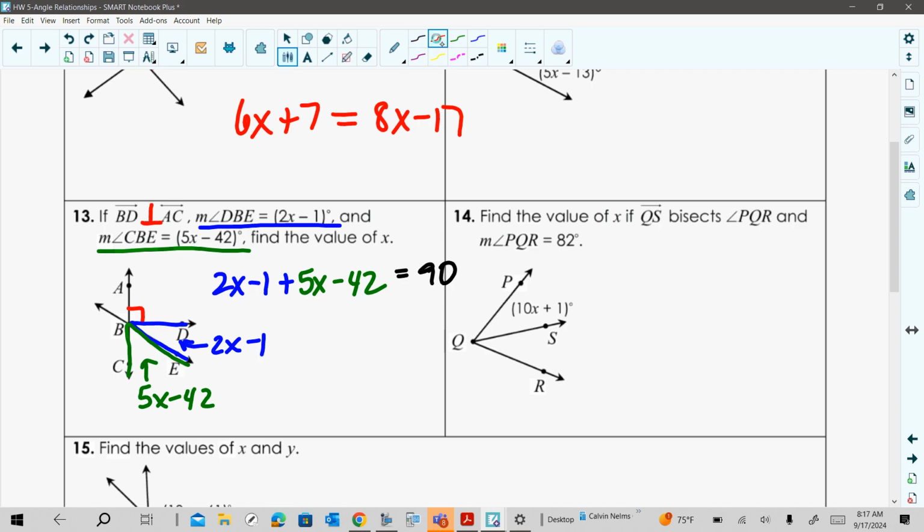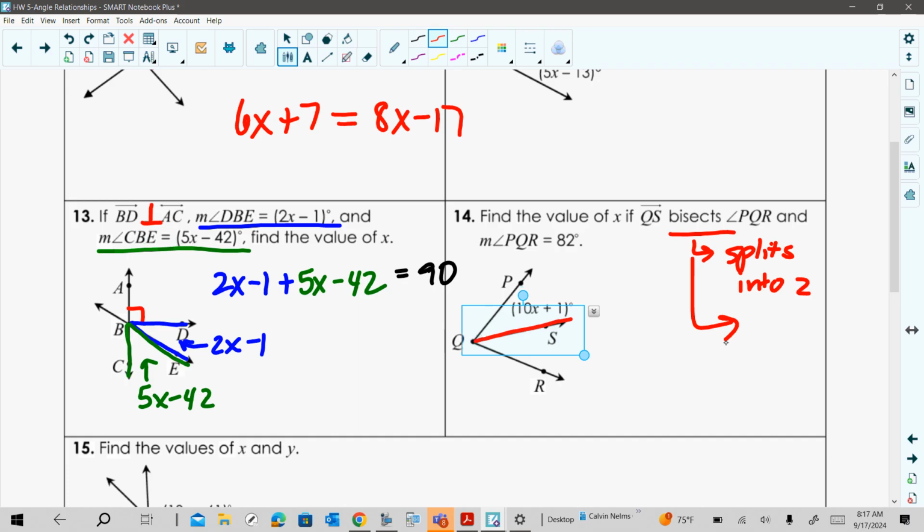14, the keyword is bisects. We still have some that are struggling with this. You'll see that on your tests. What does bisect mean? Splits in 2. What else could I say it means?